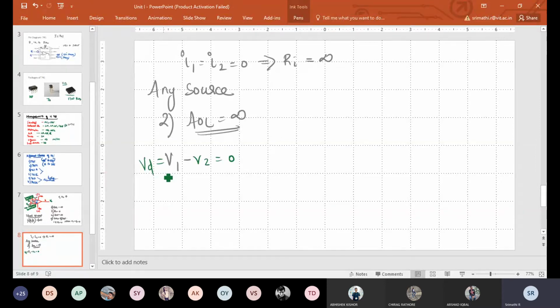For a finite output voltage, this difference in potential will be 0.